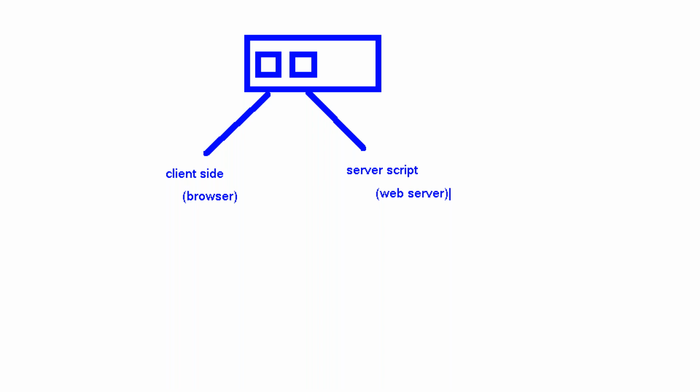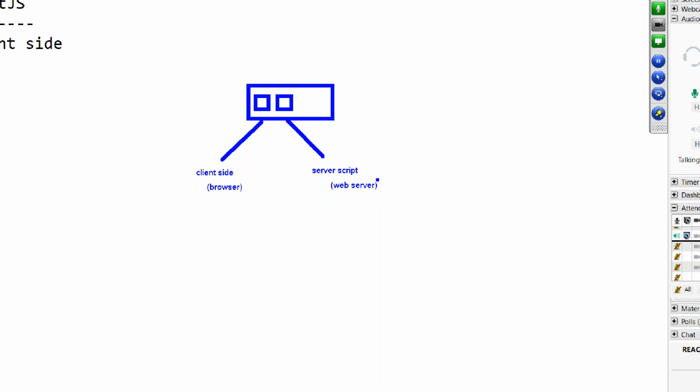JavaScript is the client side script to execute some logics in browser, and PHP or JSP, ASP, all these technologies come under server-side scripts to execute logics in web server. Like that, two types of scripts we are using here. One is client-side script and another one is server-side script.